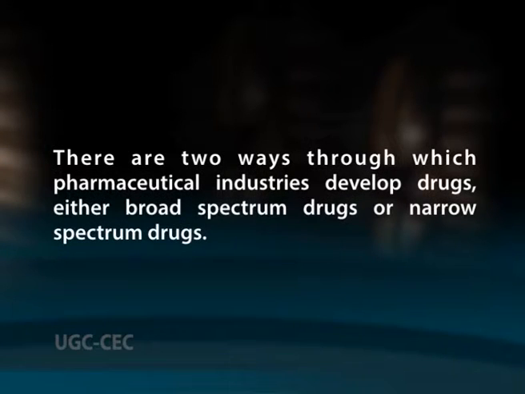There are two ways through which pharmaceutical industries develop drugs, either broad spectrum drugs or narrow spectrum drugs. Broad spectrum drugs can be used in the form of antibiotics to kill bacteria which have pathogenic characteristics, but the positive point is that these drugs do not harm the human health.